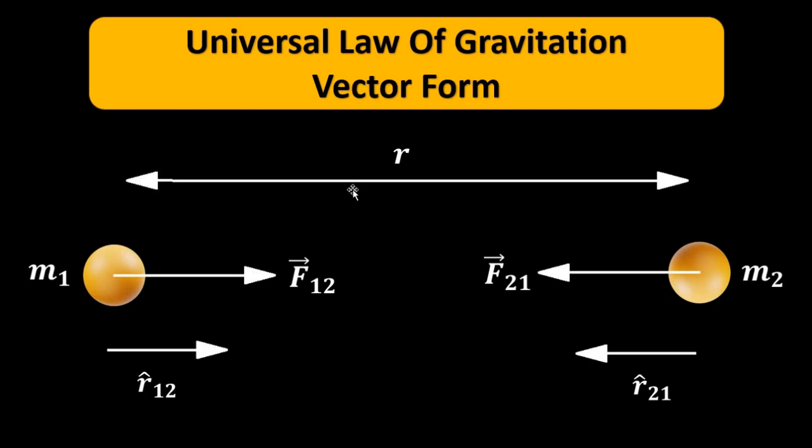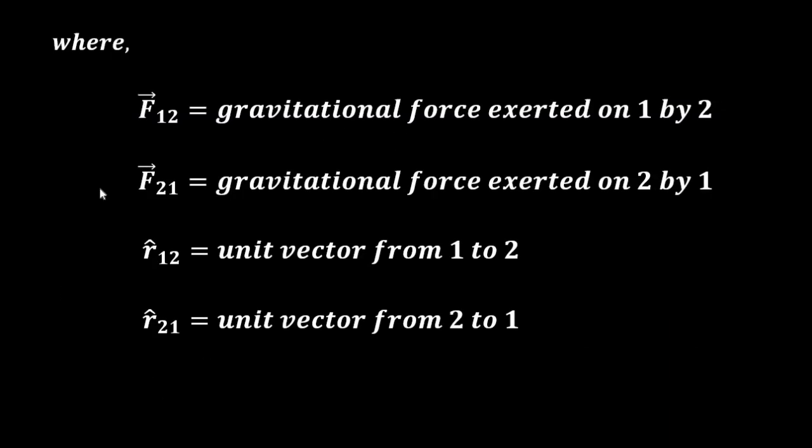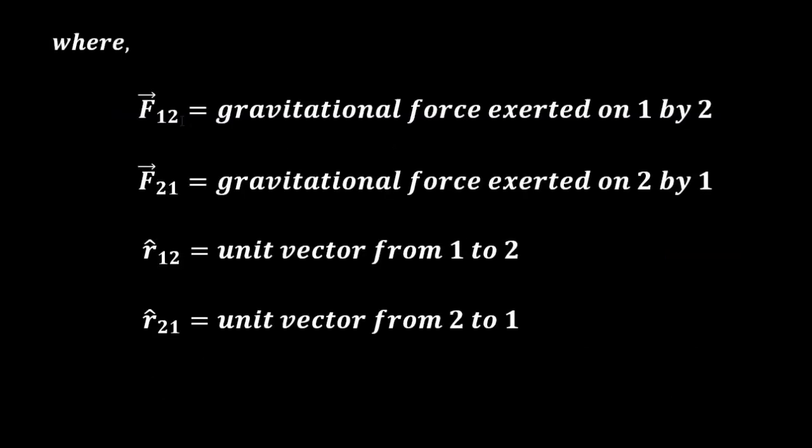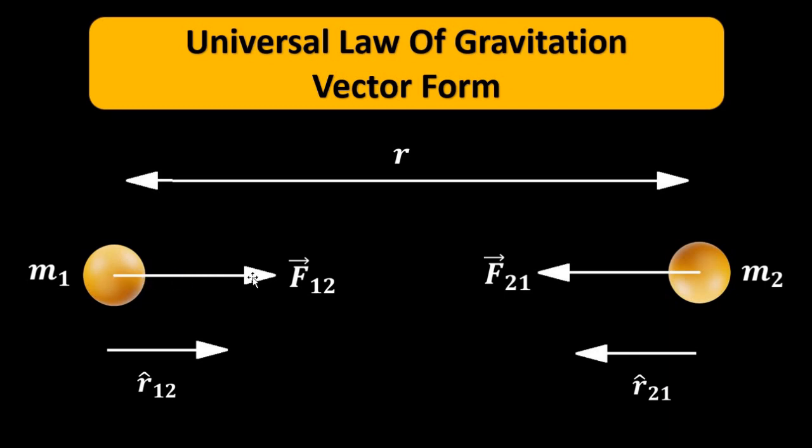Now here, F12 vector is the gravitational force exerted on mass m1 by mass m2. That's what F subscript 12 vector means. Gravitational force exerted on mass 1 by mass 2, and the direction is towards m2 because it is attracting it towards itself.